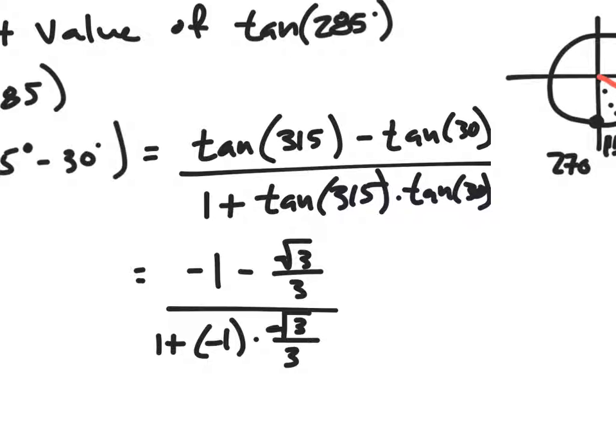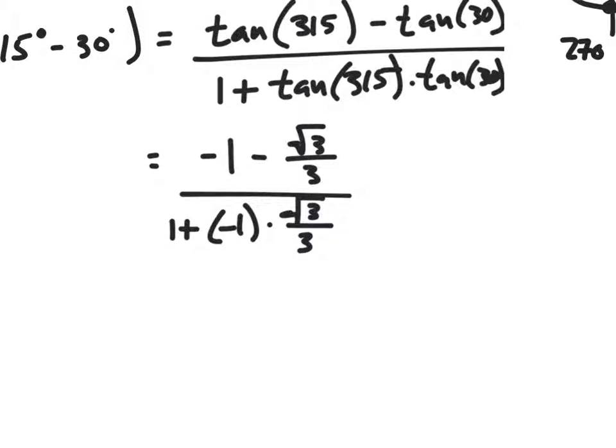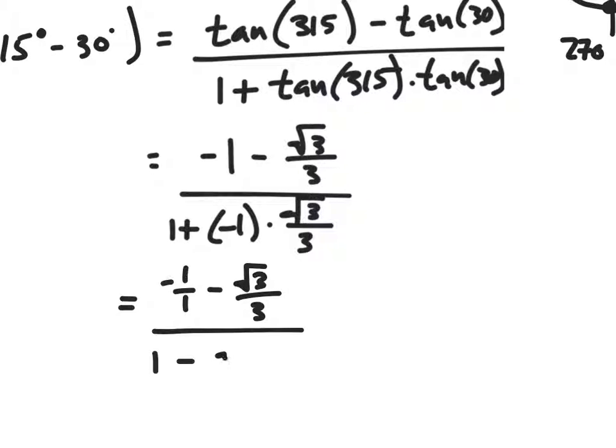So now let's simplify this. This is where it gets hard, this arithmetic. I have negative 1 minus root 3 over 3 divided by 1 minus square root of 3 over 3. We want to get this into one single fraction.